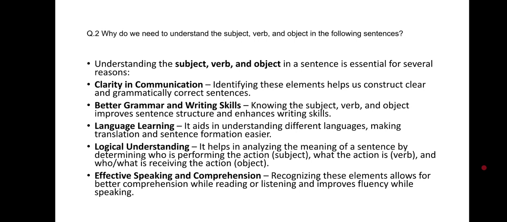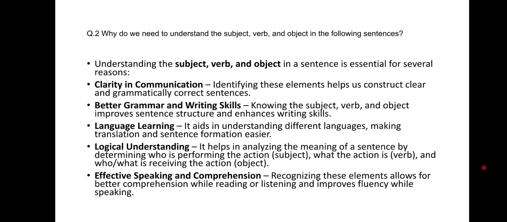Second, we have better grammar and writing skills. That means knowing the subject, verb, and object improves sentence structure and enhances writing skills. It also helps in language learning, understanding different languages and making translation and sentence formation easier, as well as logical understanding.